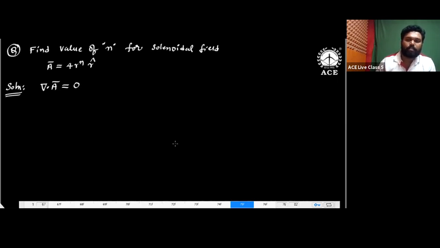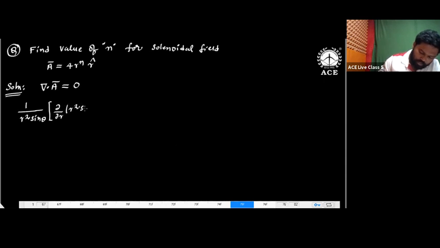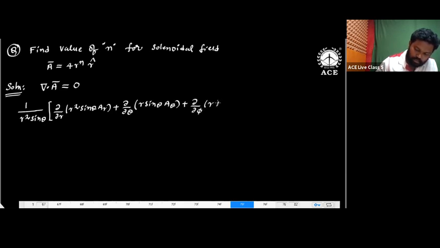The spherical divergence formula is 1 by r square sine theta, you will get it by practice, into dou by dou r of r square sine theta into A r, plus dou by dou theta of r sine theta into A theta, plus dou by dou phi of r into A phi, which is equal to 0.